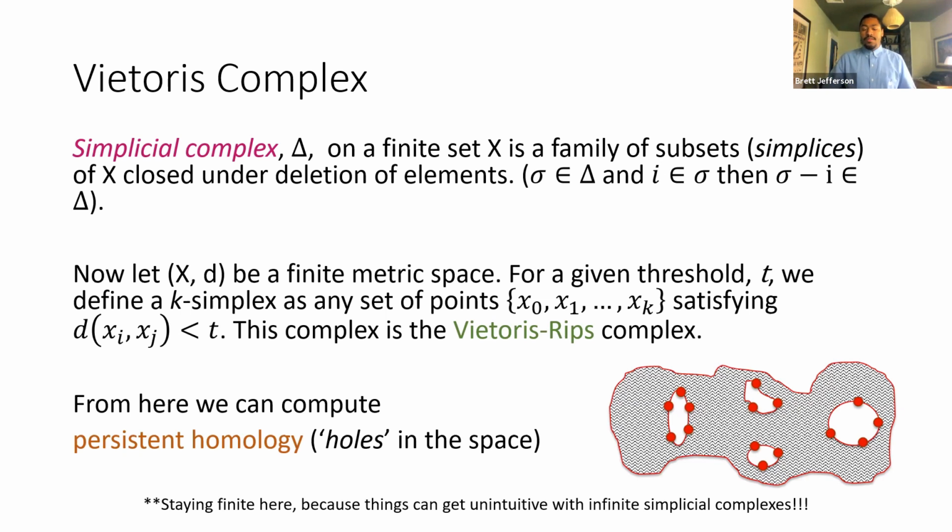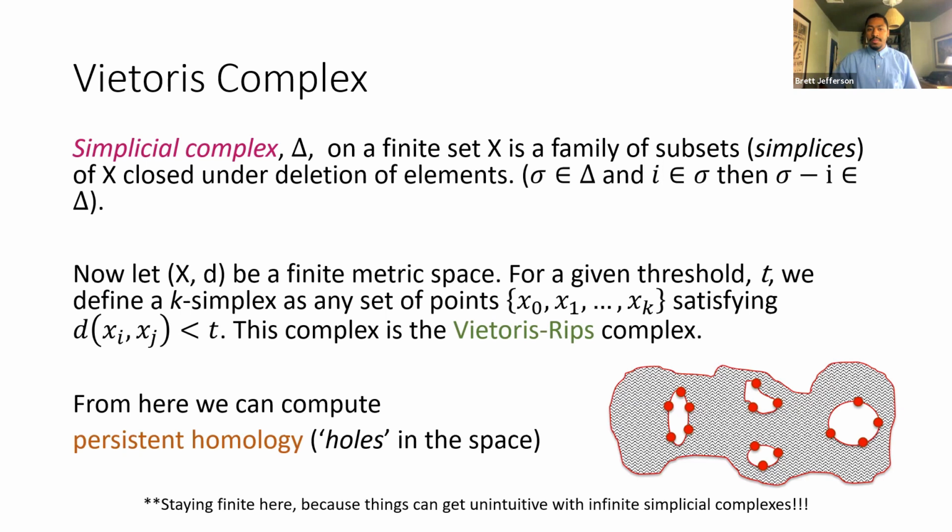Now let's suppose we have a metric space. So I've got some data, maybe some weights and heights of different people, and I put a metric on that space. So something like the simple difference between the weights, or the difference between the heights, or Euclidean distance between the weights and heights. If I've got a metric space and some points, we will create the Vietoris Rips complex.